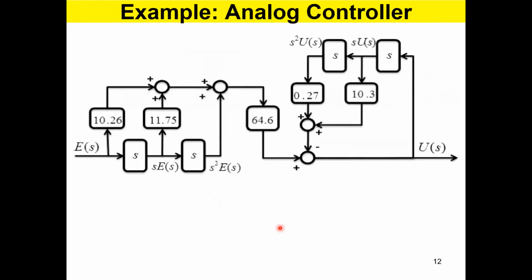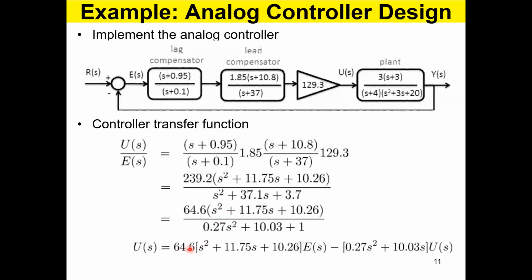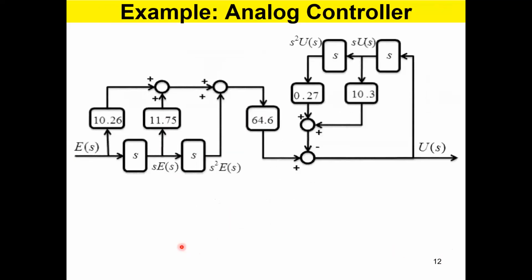So this is the structure. This is the error coming into the circuit, gets multiplied 1 time, 2 times, gets differentiated 2 times, and then 64.6 over here. This 64.6, you can place it over here.